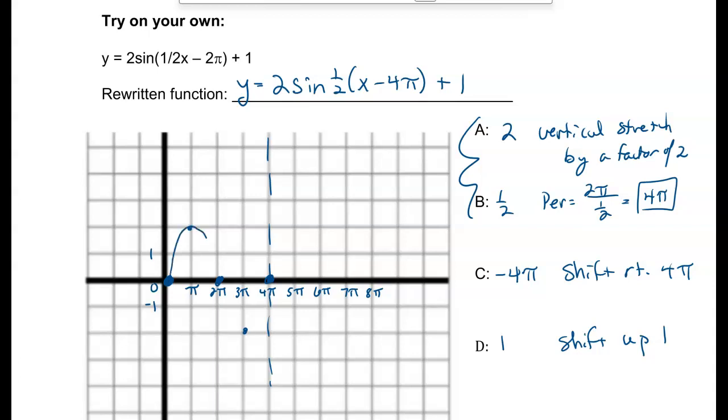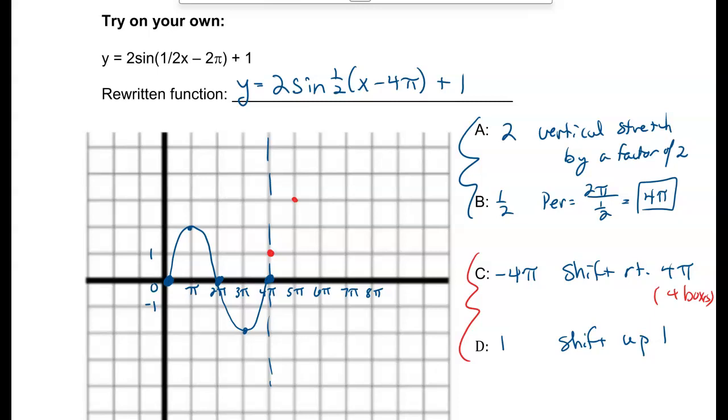So this is our first graph so far, right? But then we need to do, and I'm going to do my final in red this time, I need to go right 4 pi, up 1. So in this case, that would be for me 4 boxes, or 4 squares to the right. So we go 1, 2, 3, 4, up 1, 1, 2, 3, 4, up 1.